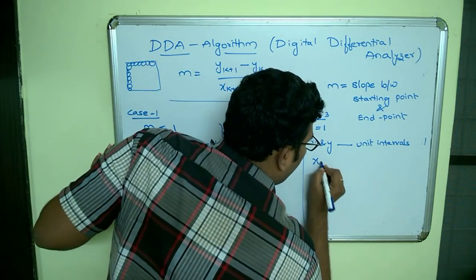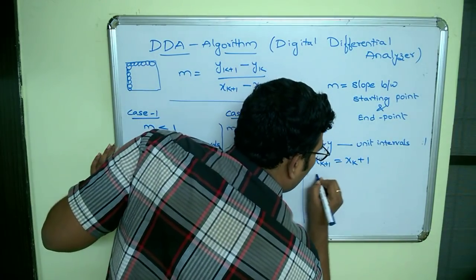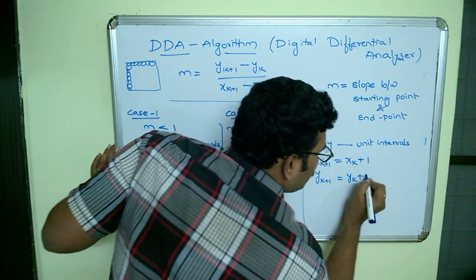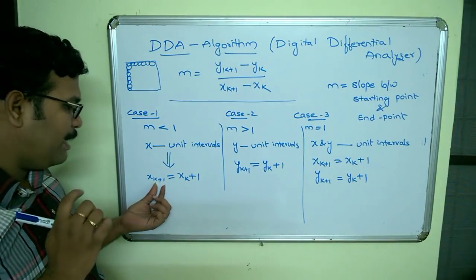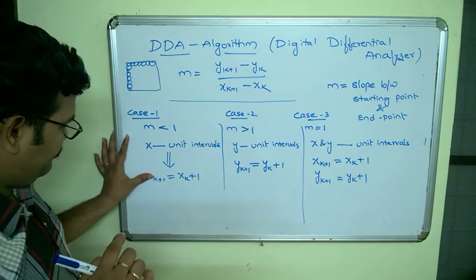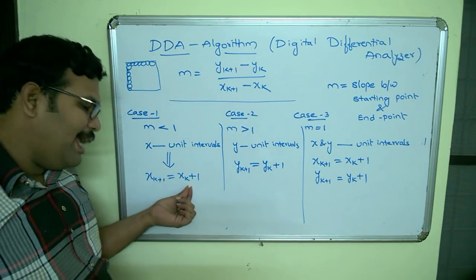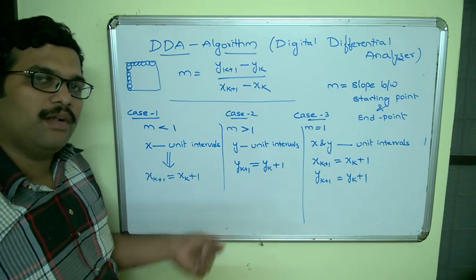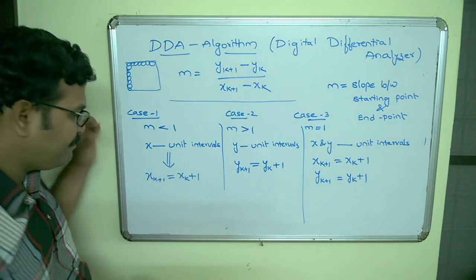And in the last case, xk plus 1 is equal to xk plus 1 and yk plus 1 is equal to yk plus 1. We should remember that here k plus 1 is a suffix. The xk plus 1 with the suffix is different from xk plus 1 as an increment, but as it is a unit interval, both are equal.